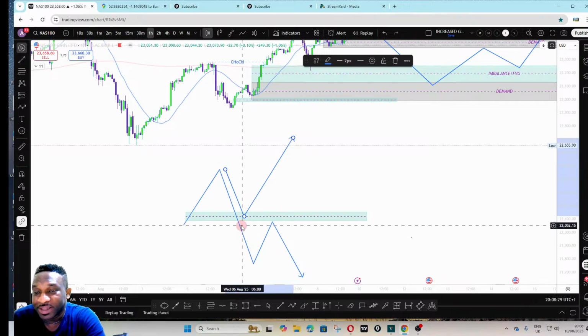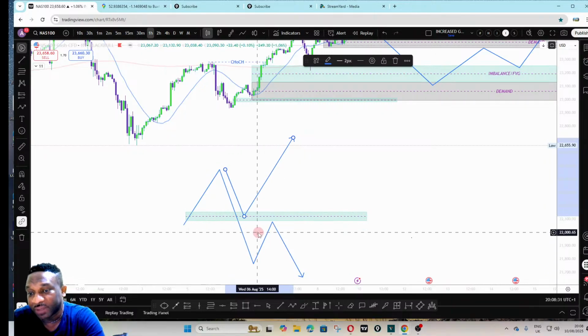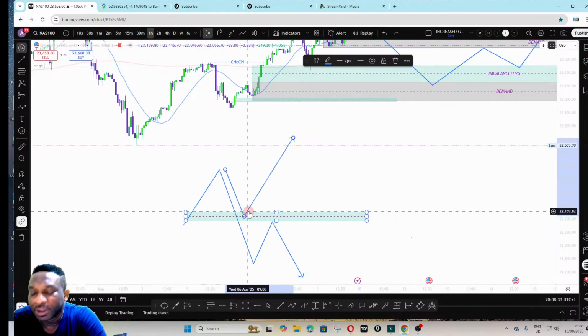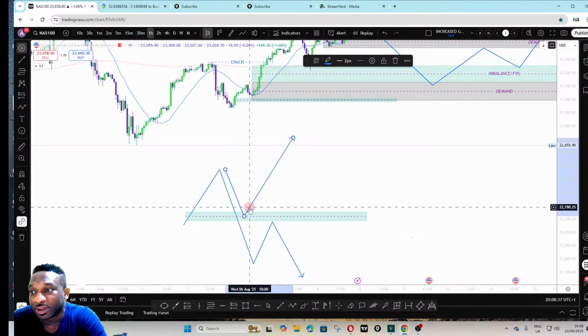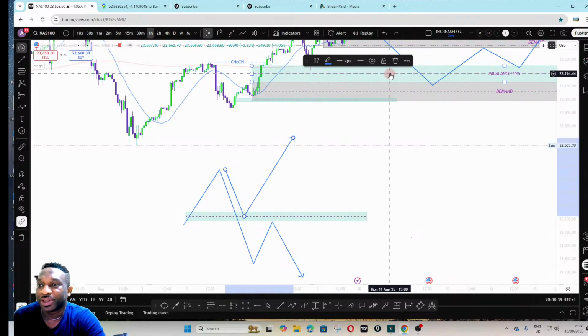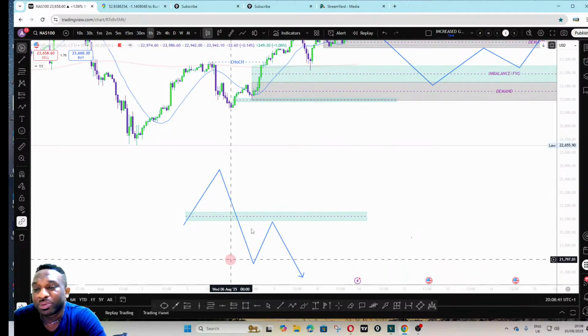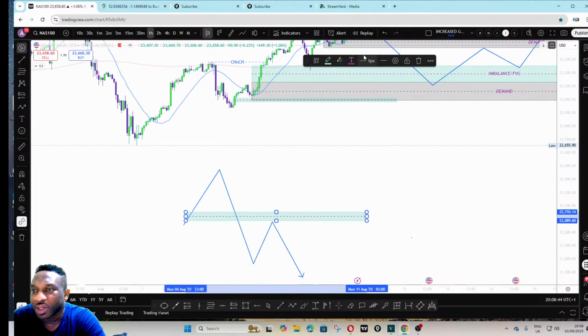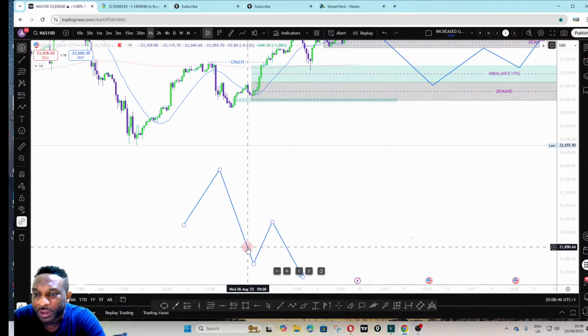If I see an inverted fair value gap there, that gives me more confirmation that the direction I want to take the trade has a high probability. That's one of the things I look out for.